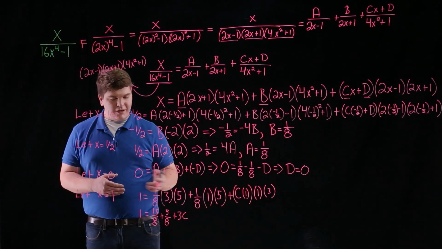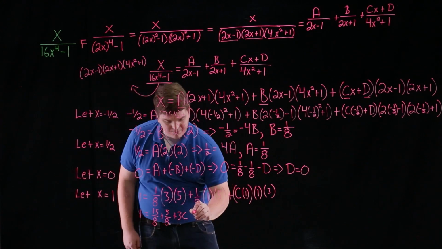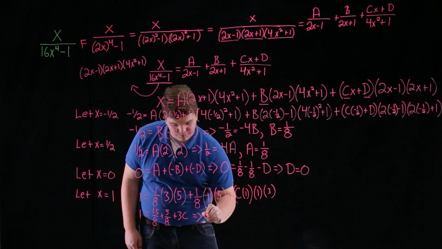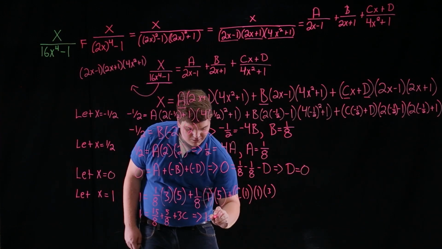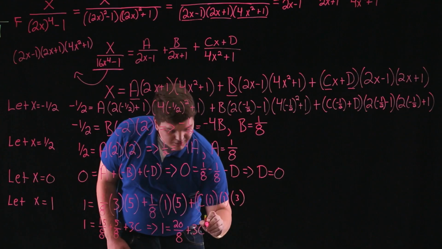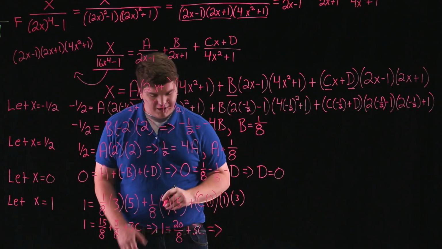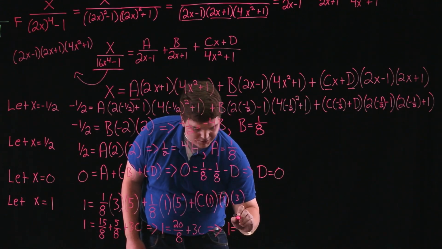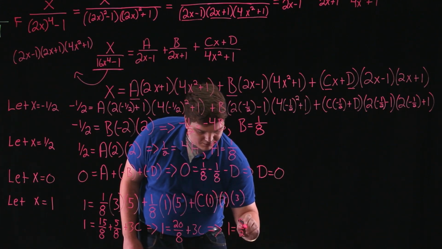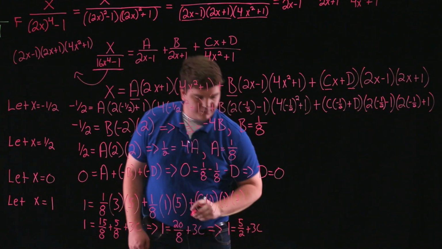So 15/8 and 5/8 is 20/8. So this equation will simplify to 1 is equal to 20/8 plus 3c. So here, 20/8 simplifies to 5/2, so our equation becomes 1 is equal to 5/2 plus 3c.